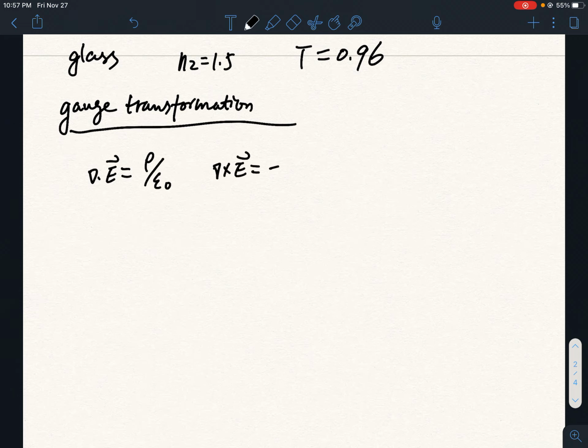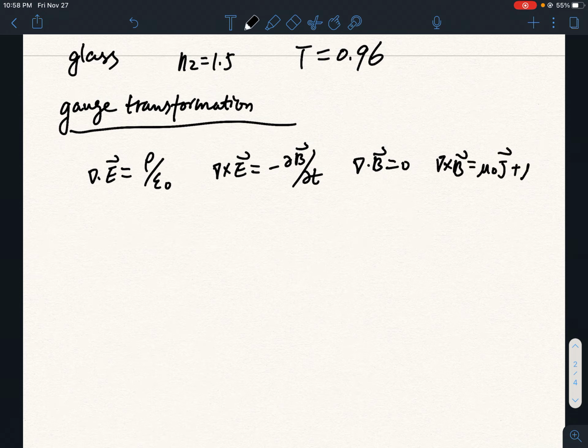We have del cross E. We have del dot B. We have del cross B. So these are the Maxwell's equations we have.